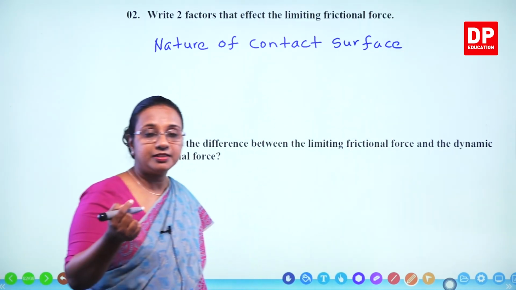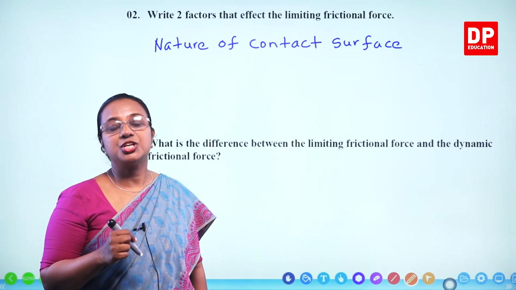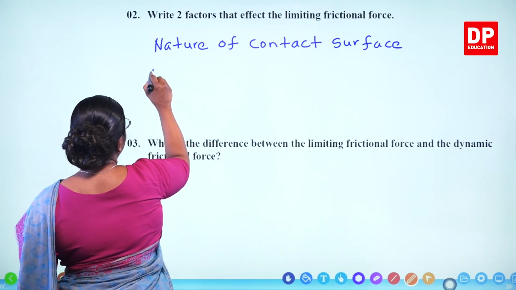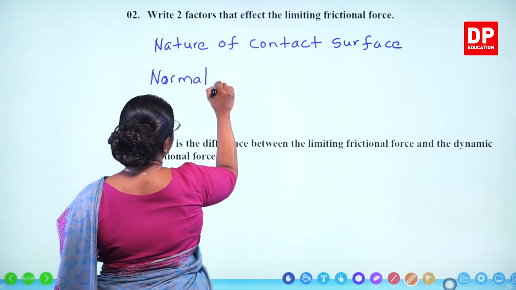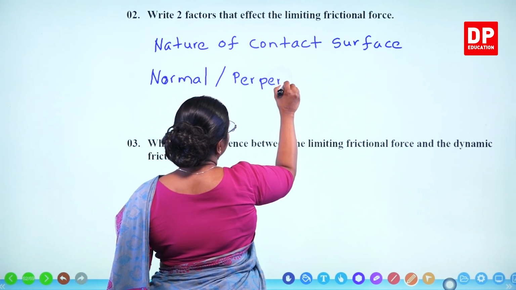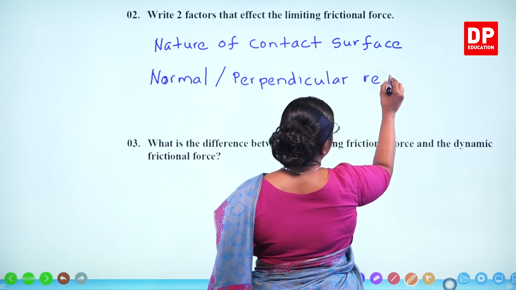And the second factor also, you know very well, the normal reaction or the perpendicular reaction. I will write both the names. You can use only one term, normal or perpendicular reaction.